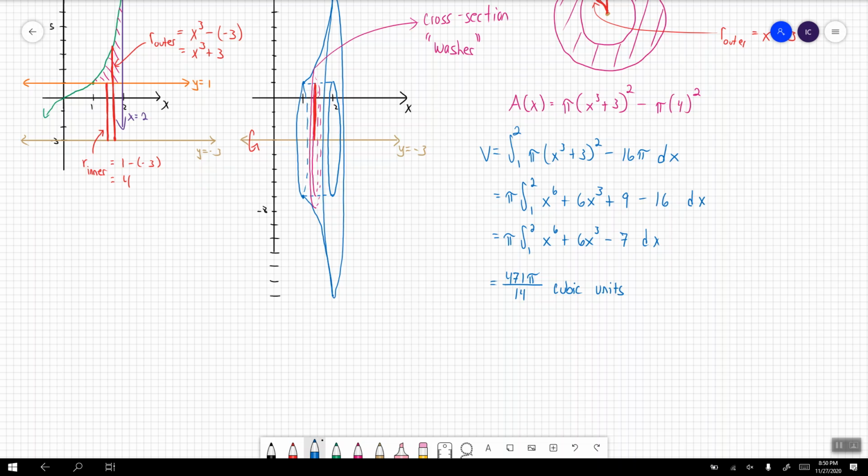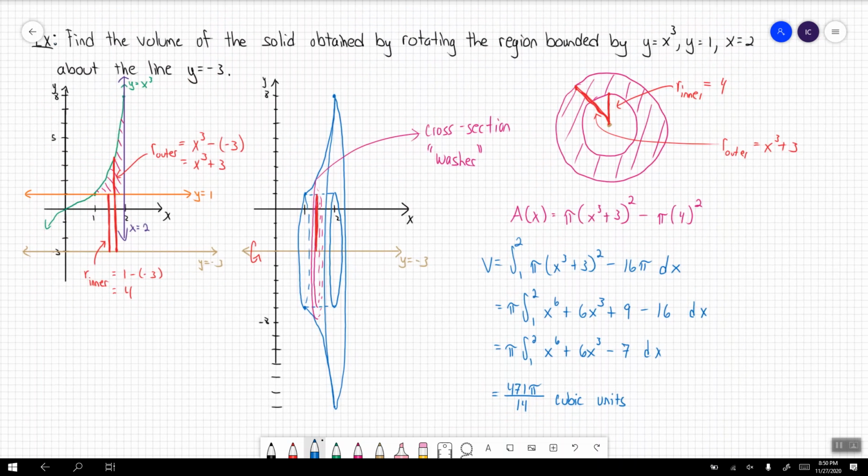Now, for these types of questions, what I'm expecting on the homework and on the exam is for you to be able to replicate the region that is being rotated. Next, can you identify the solid that's being rotated? Next, can you identify the area function that we're working with?